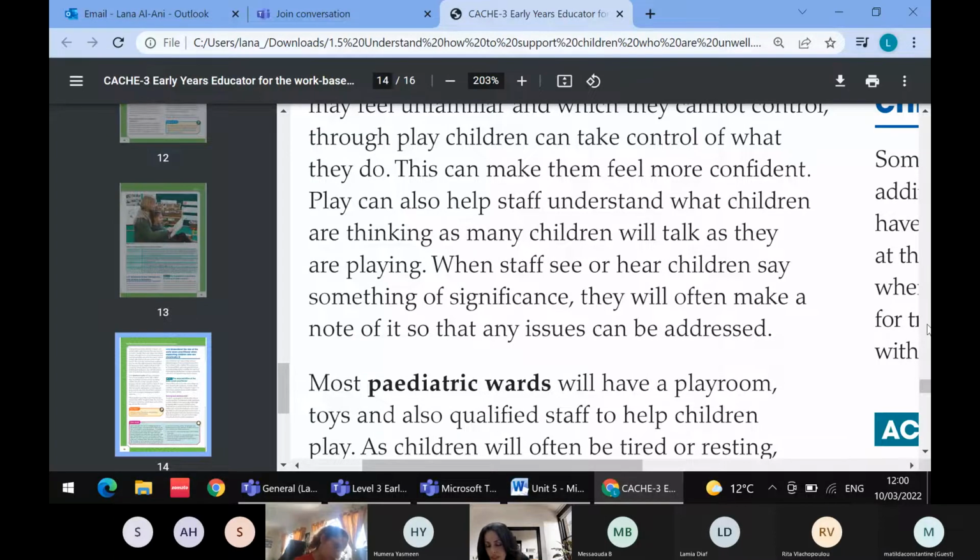If the child starts saying something really important, then the staff can write notes so any issues can be addressed later on.